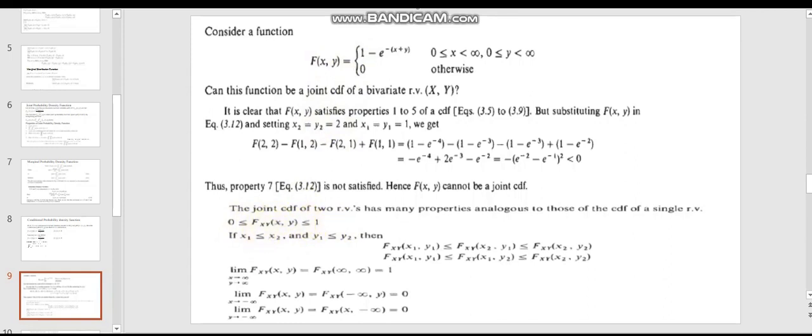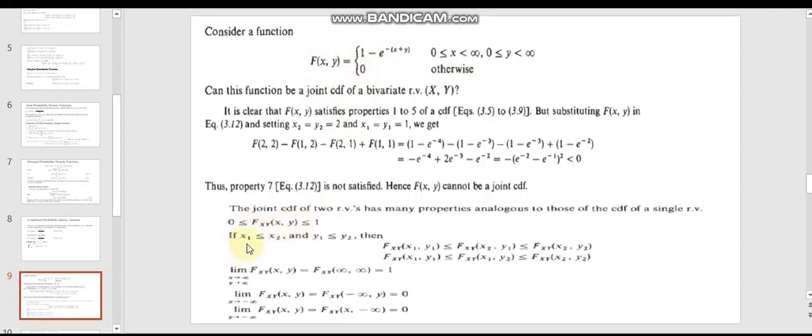When x and y are infinity, this function is equal to 1, and when x and y are equal to 0, this function is equal to 0. So this satisfies property number 1.